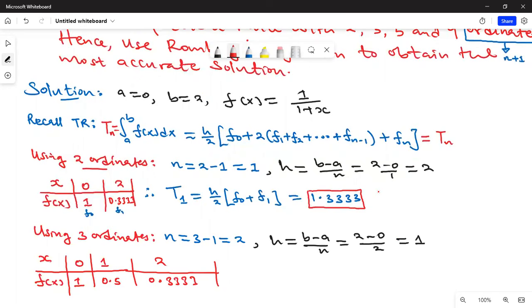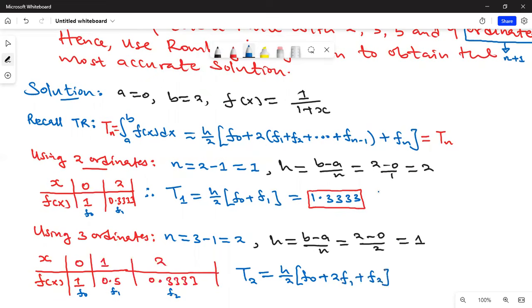So now our integral is approximated by T2, because our n is 2. That is h over 2. Remember here now we have f0, f1, f2, so it will be f0 plus 2 f1 plus f2.